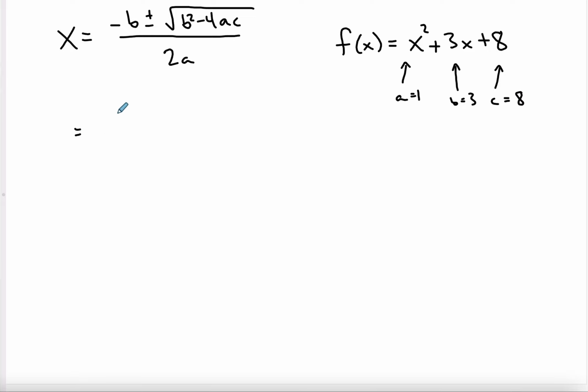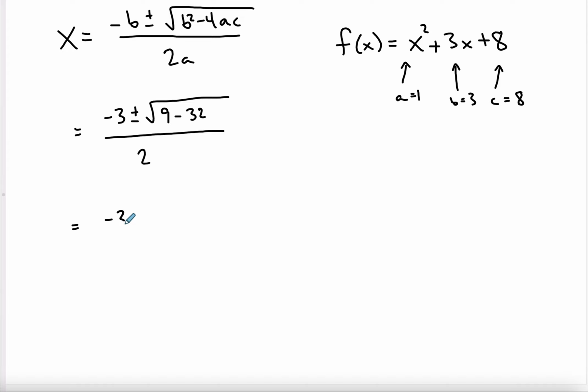So we plug those into the quadratic formula. We get negative 3 plus or minus the square root of 3 squared, 9, minus 4 times 1 times 8, minus 32, divided by 2 times 1, or 2.